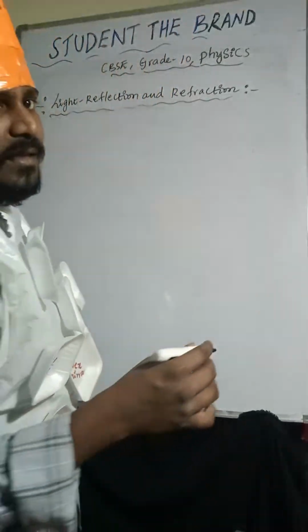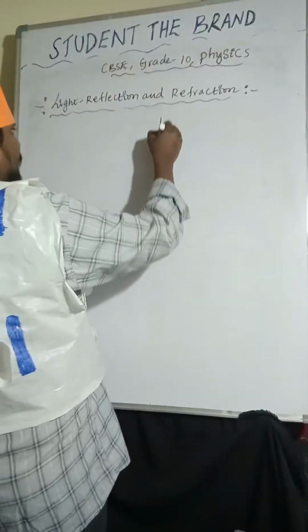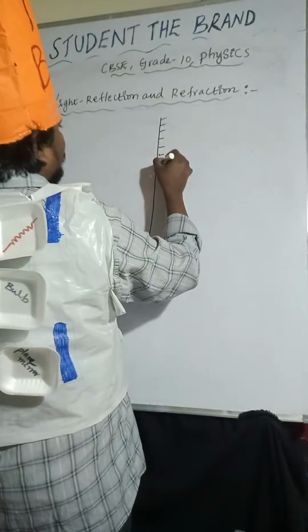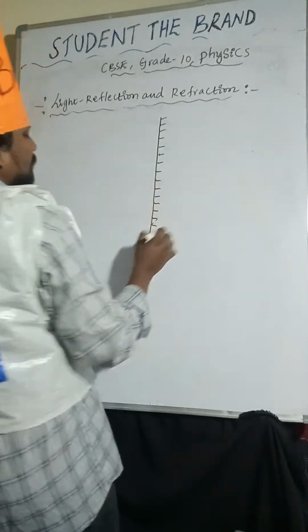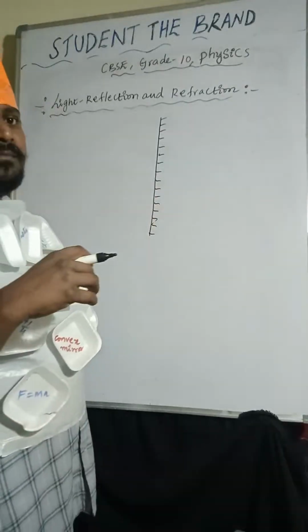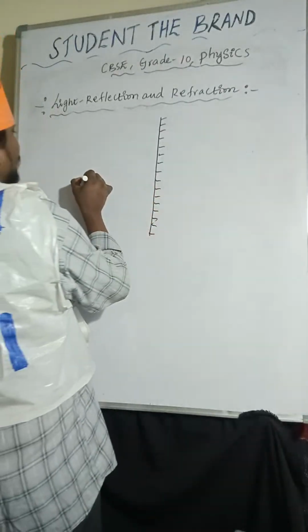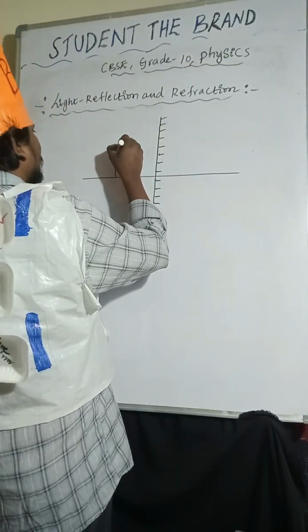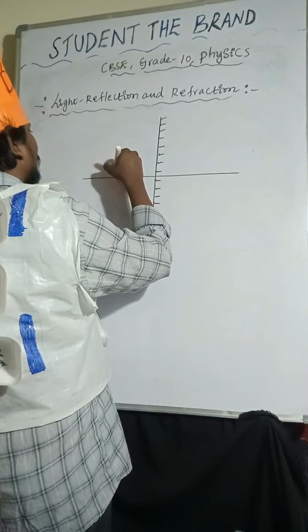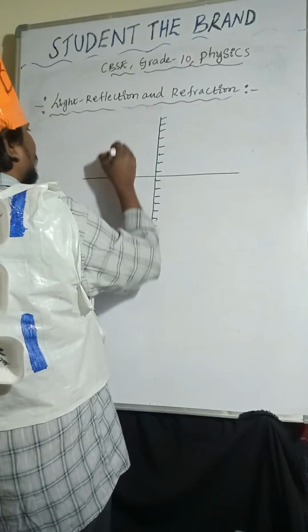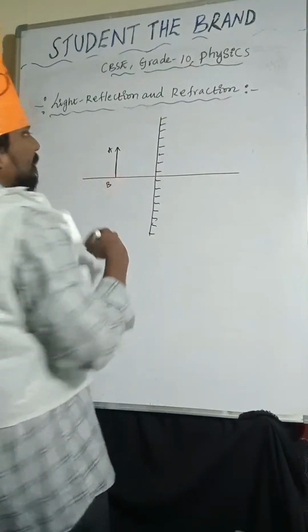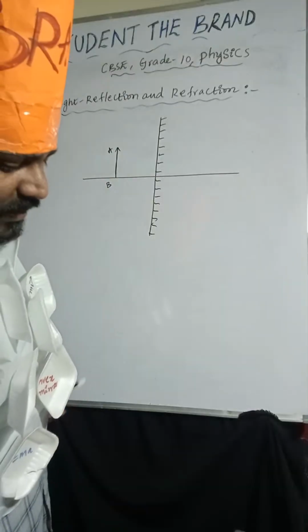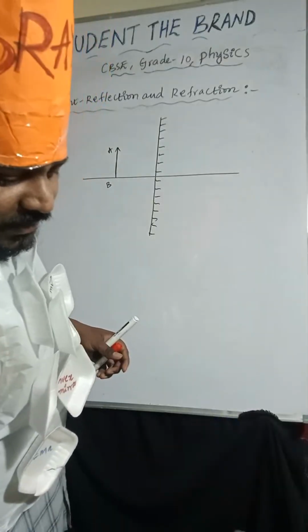If you are taking a plane mirror, here I'm considering this as the real object, A, B. From this, I'm considering 2 points.